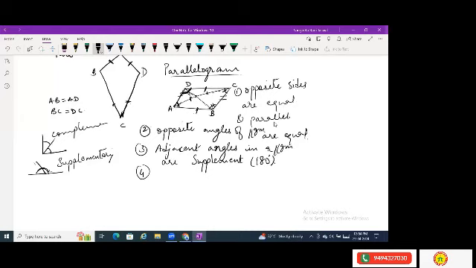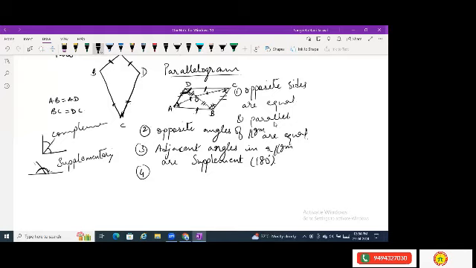Bisect means it will divide it into two equal parts. The diagonal BD will bisect diagonal AC. Bisect means it is dividing AC into two equal parts. And similarly, diagonal AC will bisect diagonal BD into two equal parts. All right. That means BO will be equal to OD, and AO will be equal to OC.